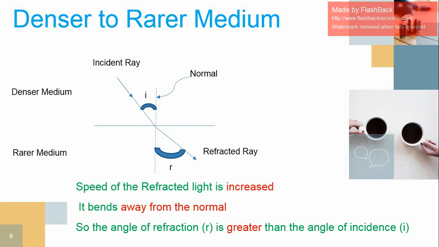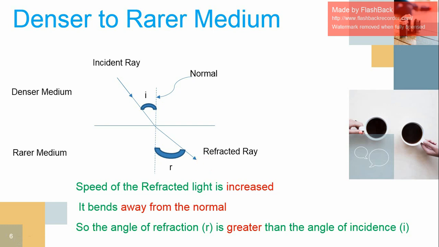In the next case, the light is traveling from the denser medium to the rarer medium. So this is the denser medium, this is the rarer medium. This is the angle of incidence, and this is the normal. The light is refracted.